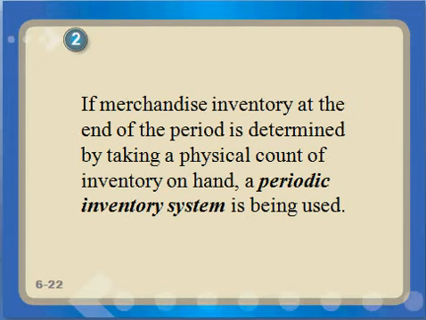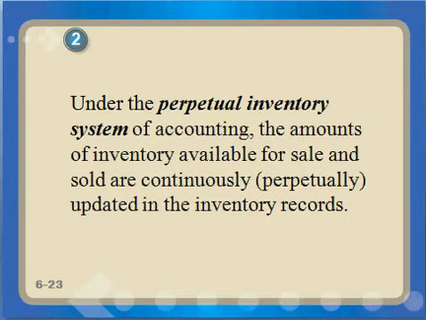If the merchandise inventory at the end of the period is determined by taking a physical count of inventory on hand, that's called a periodic inventory system being used. The other system of inventory we can use is called the perpetual inventory system of accounting, and the amounts of the inventory available for sale and sold are continuously or perpetually updated in the inventory records.